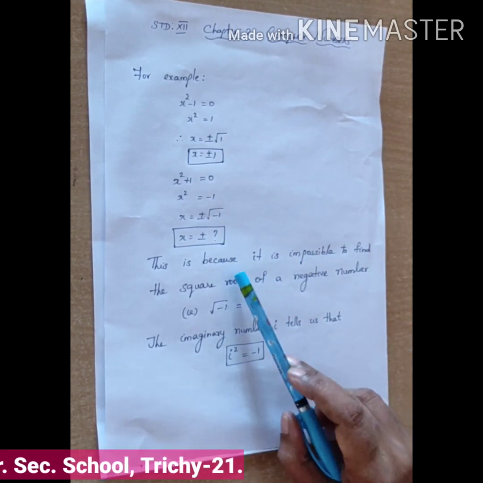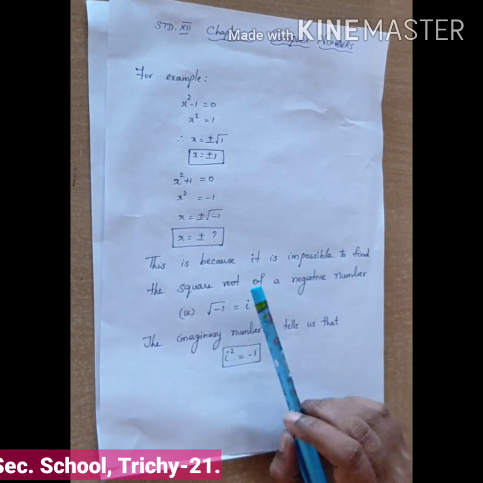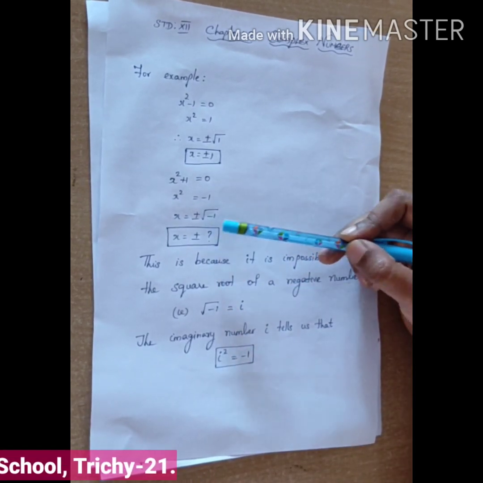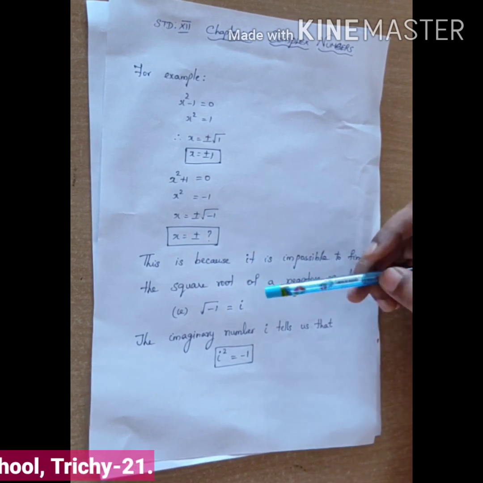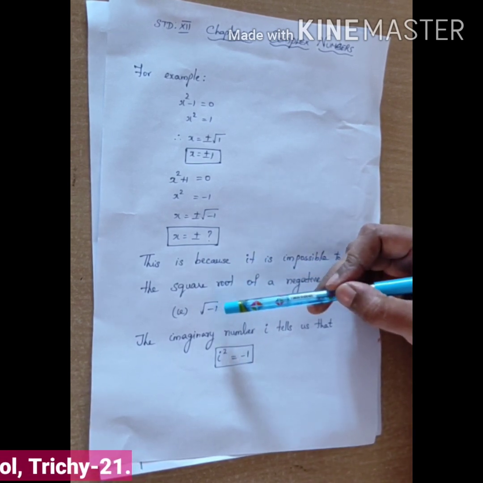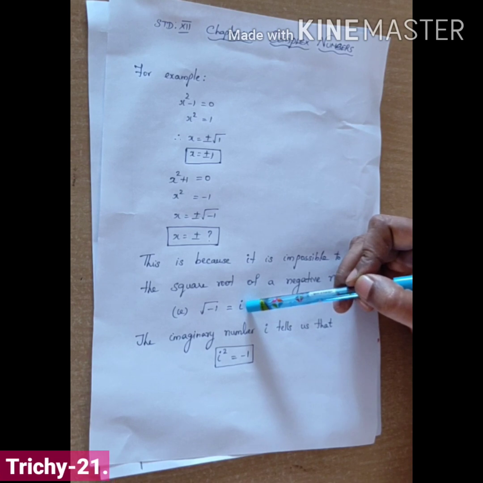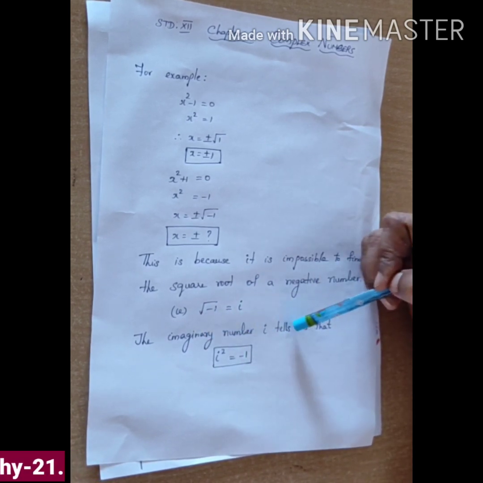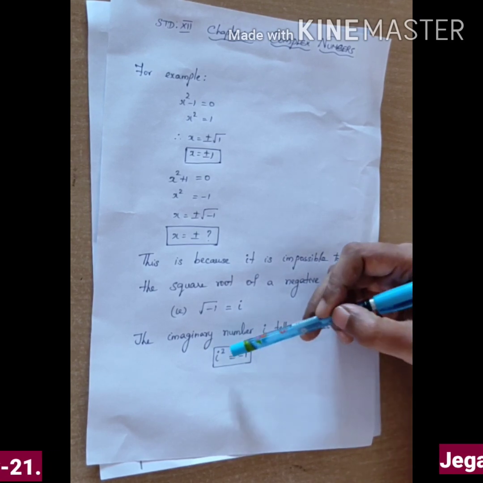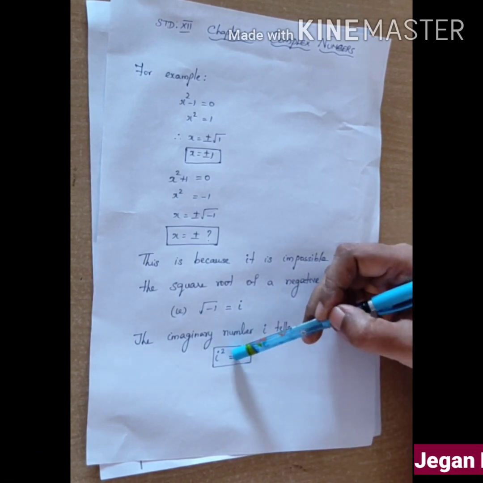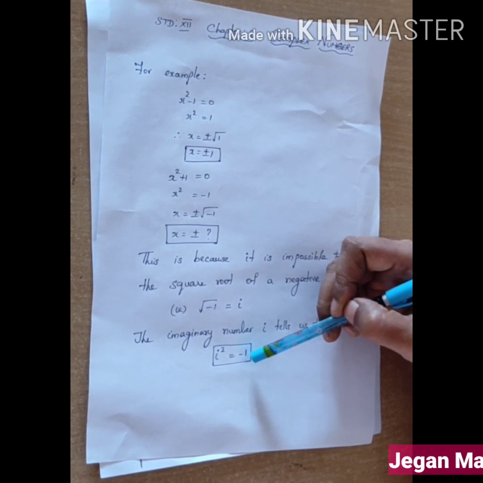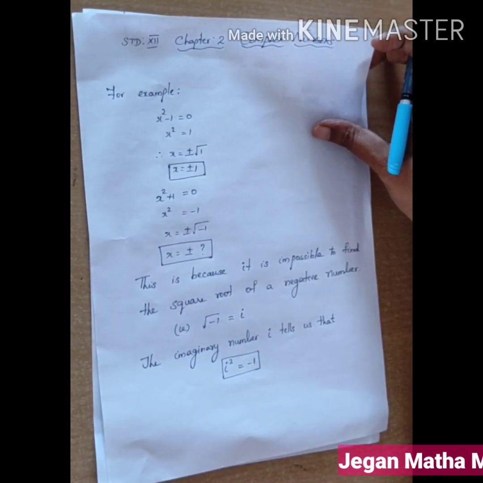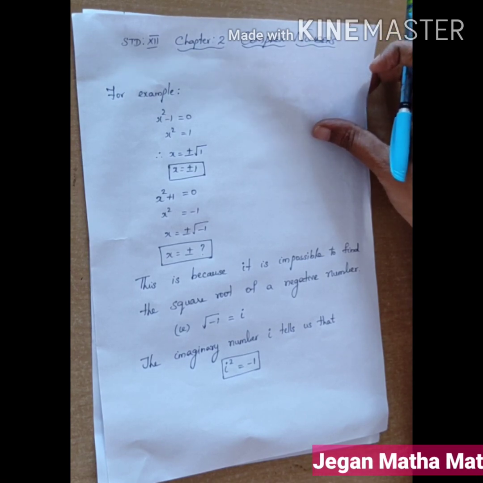This is because it is impossible to find the square root of a negative number. So here we are using the concept square root of minus 1 equal to i. The imaginary number i tells us that the value of i square equal to minus 1. With the help of this, we are going to solve some problems in complex numbers.